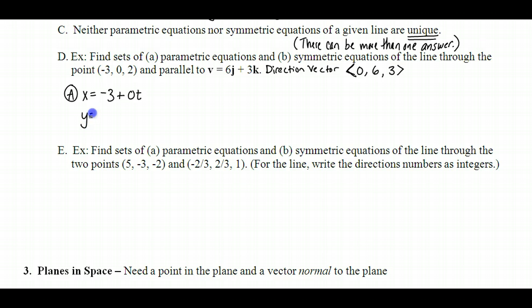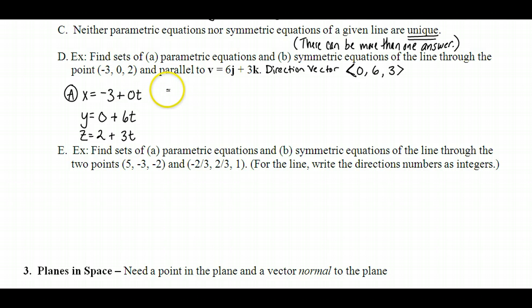I'll just list them this way for my parametric equations. y is going to equal 0 plus my direction, 6 times t, and z is going to equal my z coordinate, 2, plus the z direction, which gives me 3t.